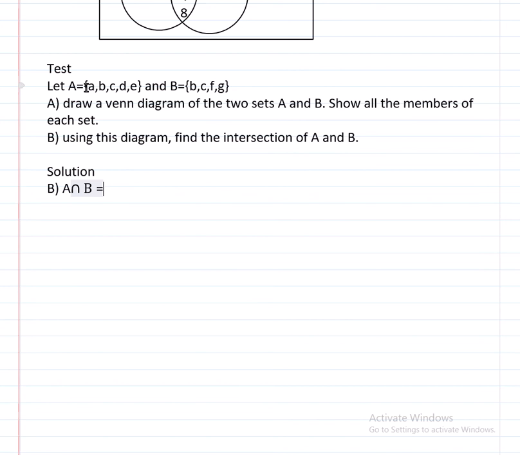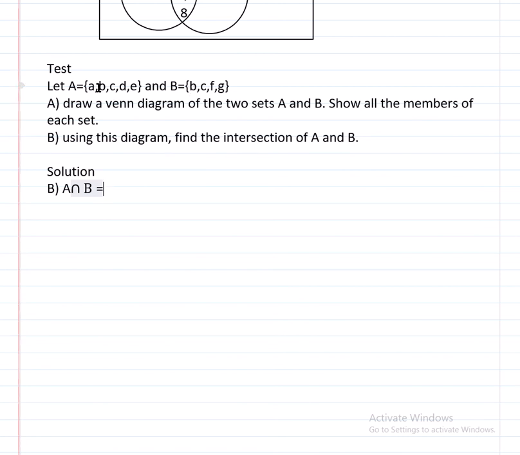So we have set A equals A, B, C, D, E. So let's map with the set B. Do we have A in set B? No, we don't have A in set B, so A is not intersecting.